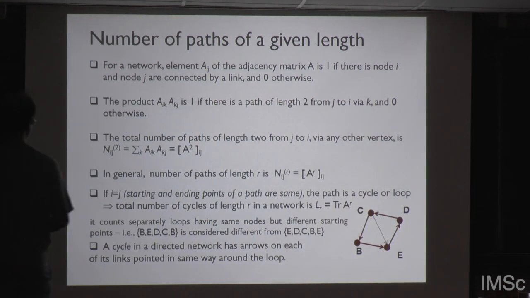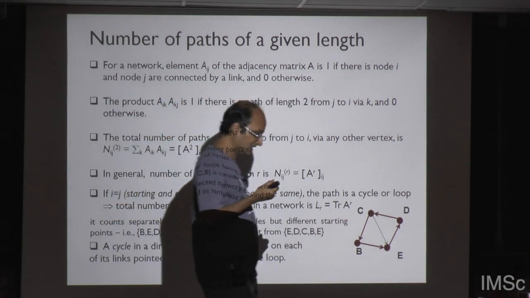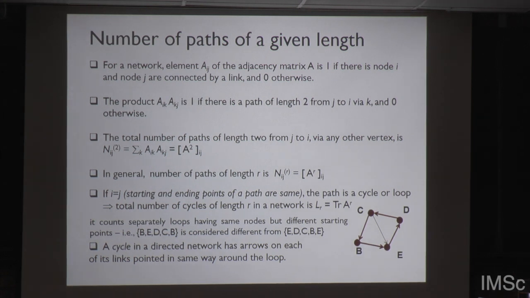Okay, again, we take the help of the adjacency matrix. Now, what is the adjacency matrix actually telling you? It tells you that if Aij equals 1, that means there is a path of length 1 from i to j. Okay.